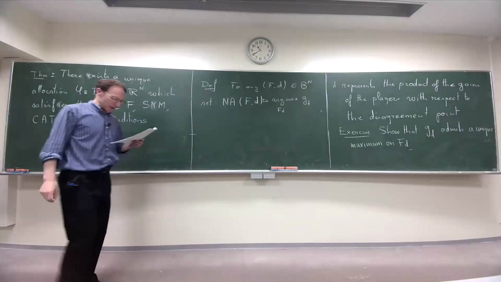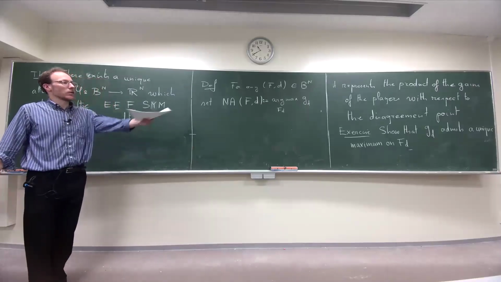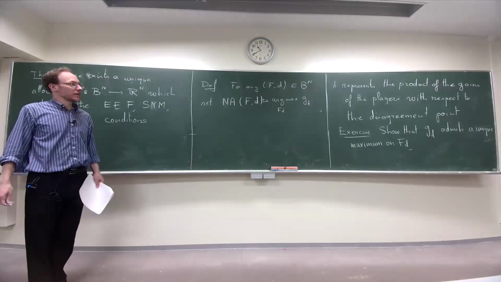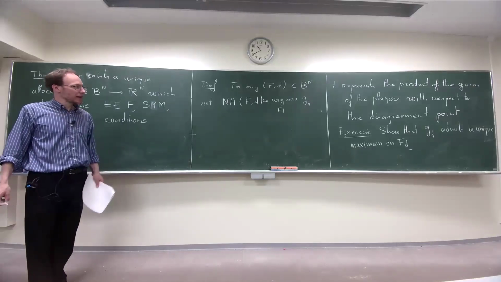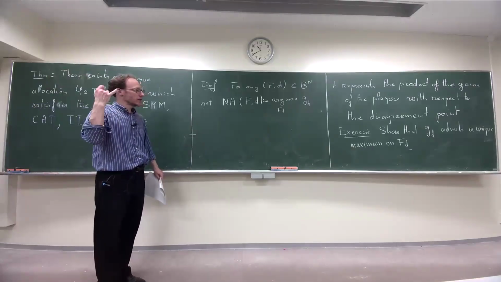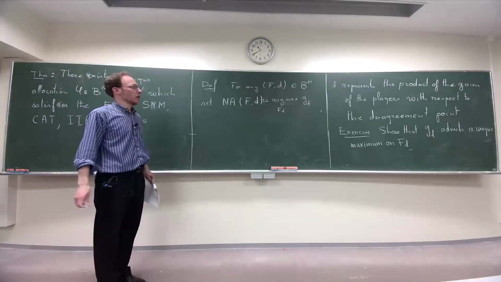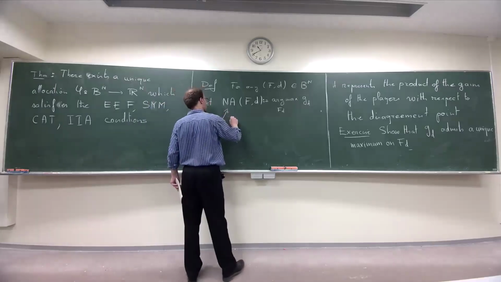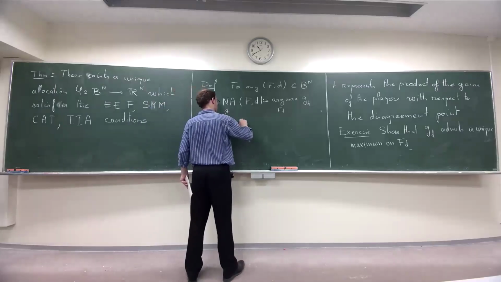What does it mean? It's exactly this unique point, and it means this is only one point. So this NA of FD is the point in FD where the function takes its maximum. And this is called the Nash solution.